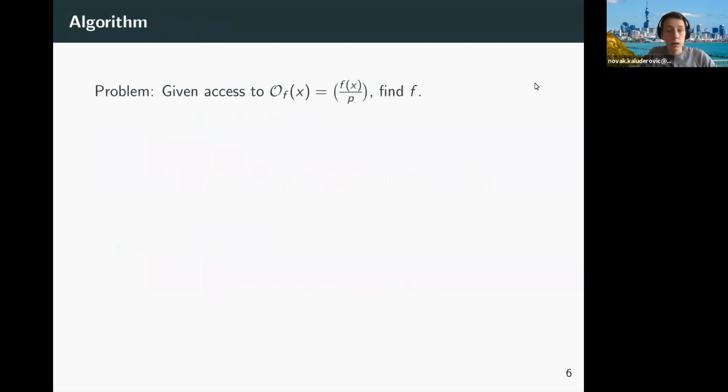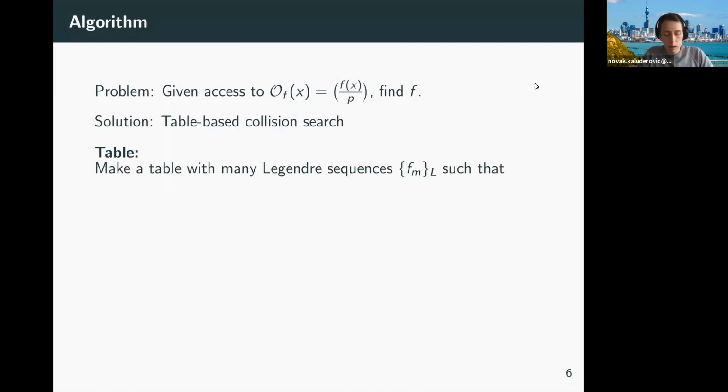So let's go to the algorithm. The problem is the following. We're given an oracle associated to f, and we want to find the polynomial f. What we're going to do is to use a table-based collision search. So we create a table with many Legendre sequences of corresponding polynomials f_m, and these polynomials need to have two important properties.